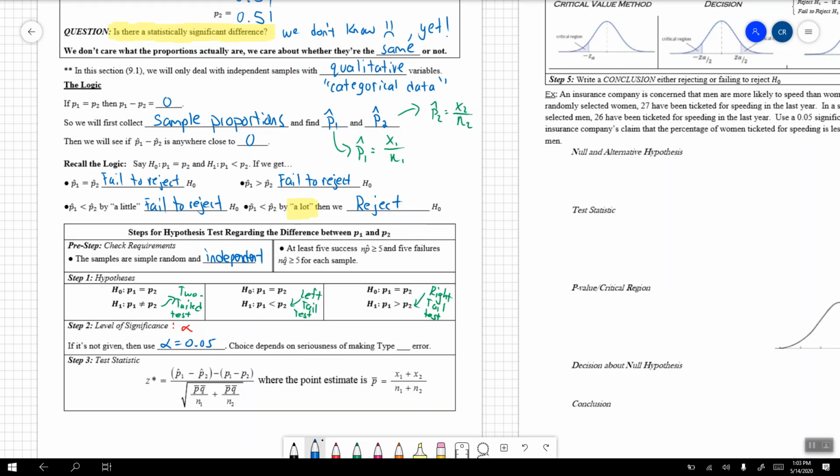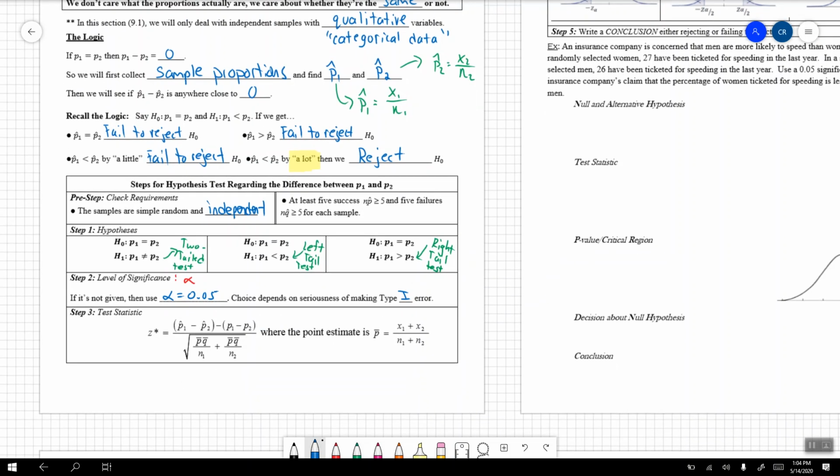And remember, that 5% rule stands for those 2 standard deviations that we like to observe, which naturally means if we're not given a level of significance, then we automatically assume that level of significance to be 0.05. All right. Now, this, again, is going to depend on the seriousness of making a type 1 error. So depending on how serious that type 1 error is, we might actually change this level of significance.